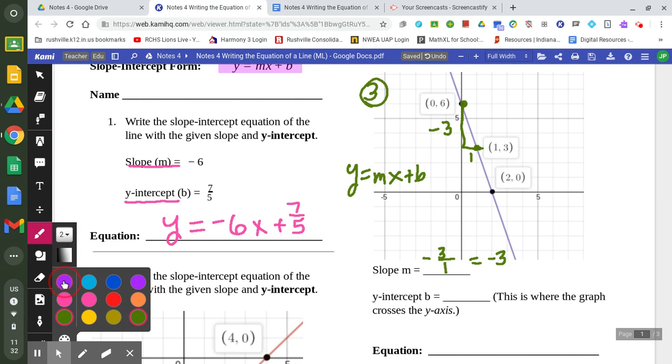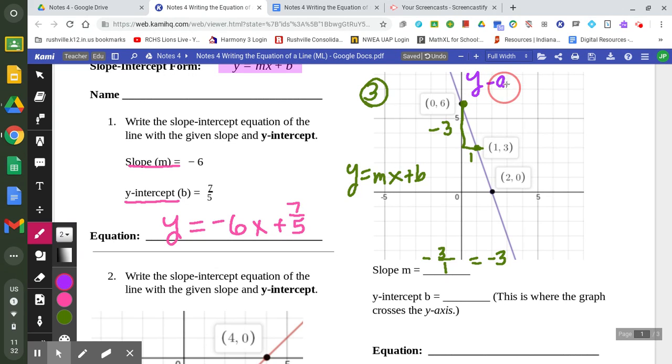And then the b, the y-intercept, again, is where the graph crosses the y-axis. And this is the y-axis. And again, I know that this is the y-intercept because I have 0 something. So my y-intercept is 0, 6.